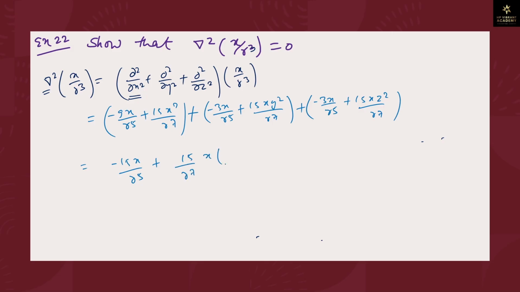Let us take x common, so this is x square plus y square plus z square. So this is equal to minus 15x upon r to the power 5 plus 15x upon r to the power 7 into r square. So this is equal to minus 15x upon r to the power 5 plus 15x upon r to the power 5. This is equal to 0.